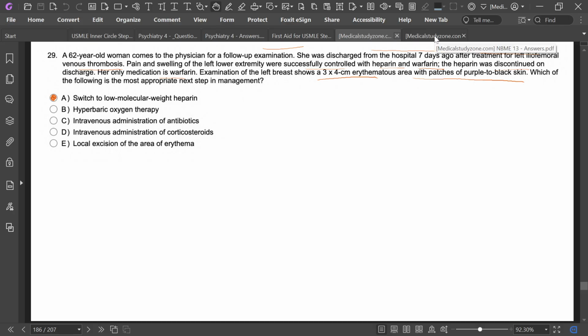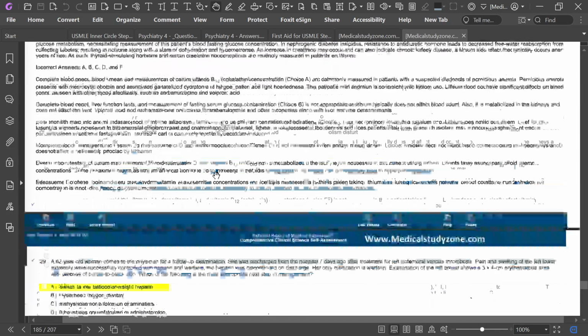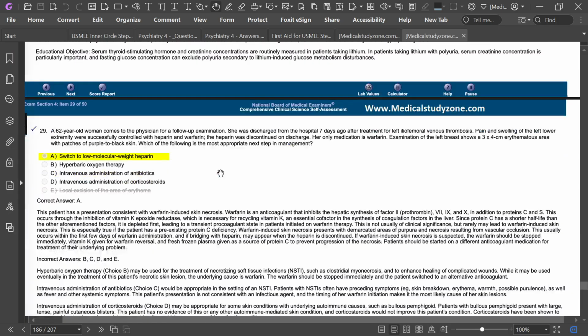Is it warfarin-induced skin necrosis? So this patient has a presentation consistent with warfarin-induced skin necrosis.